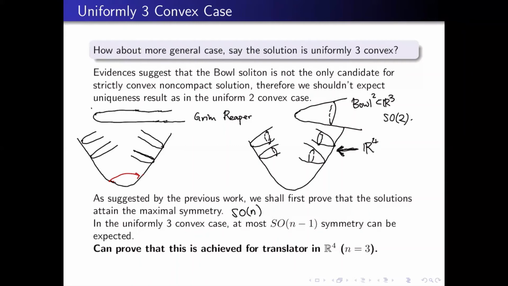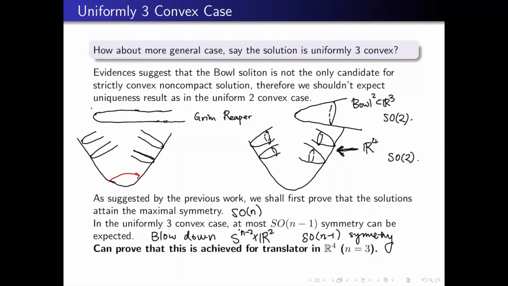So this resulting solution should at most have SO(2) symmetry. And another simple argument is that the blowdown limit could be S^(n-2) cross R2. But this only has SO(n-1) symmetry. So that's why we only expect this much.